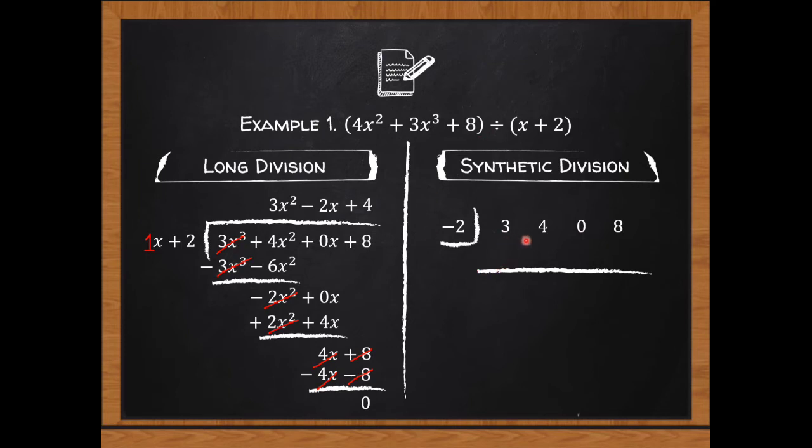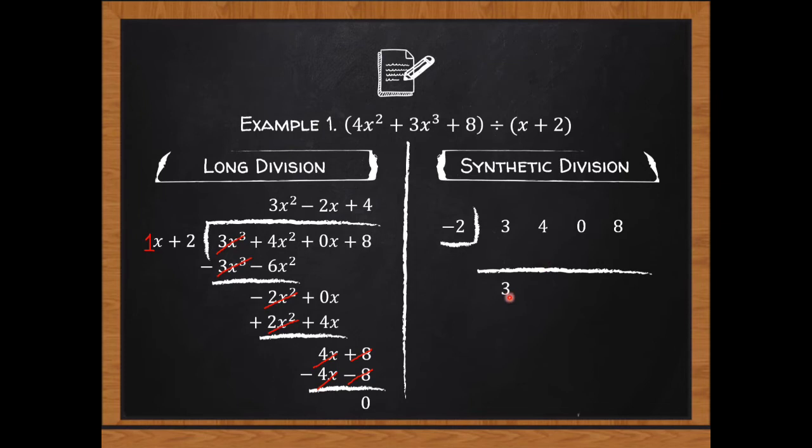After writing the coefficients on our first row, next step is we bring down 3 on the first entry of our third row. So that is yan. Now, after this, i-multiply naman natin ang 3 dito kay negative 2. Ang nakuha nating sagot ay isusulat natin sa ilalim ni 4 or the second entry of our second row.